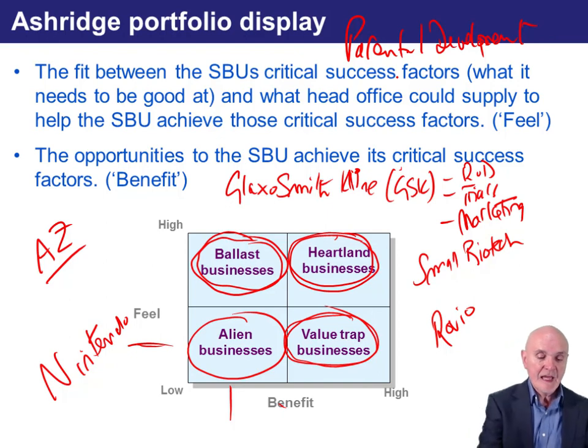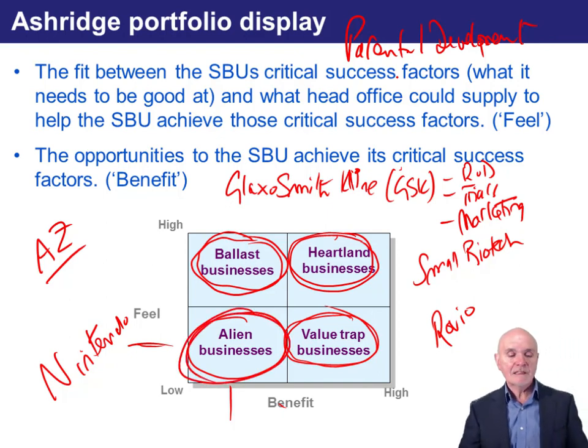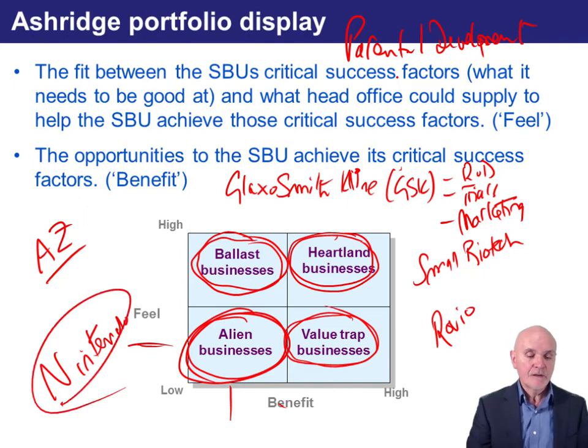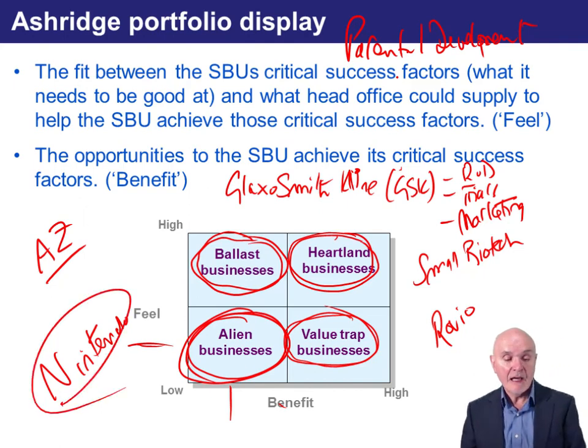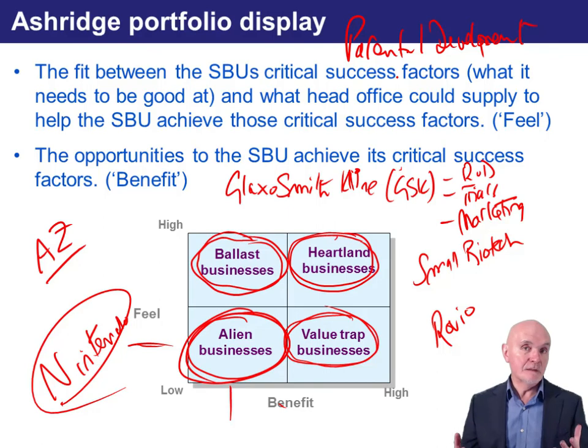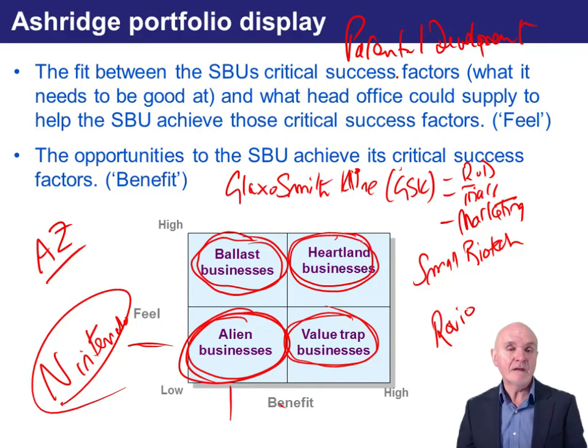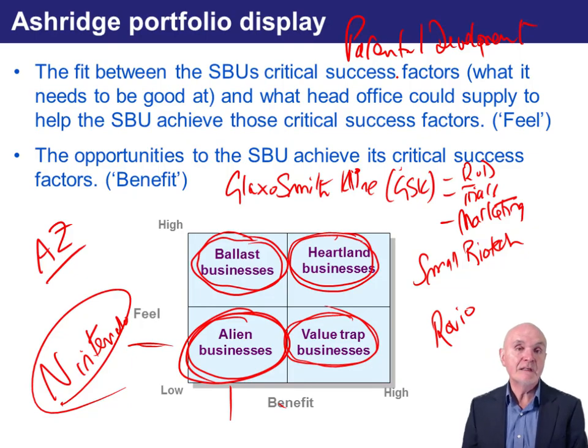This is very much the alien business. It's completely inappropriate for Glaxo to take over Nintendo, which doesn't need help, and about which Glaxo knows nothing, and can provide no benefit, therefore, to Nintendo whatsoever.